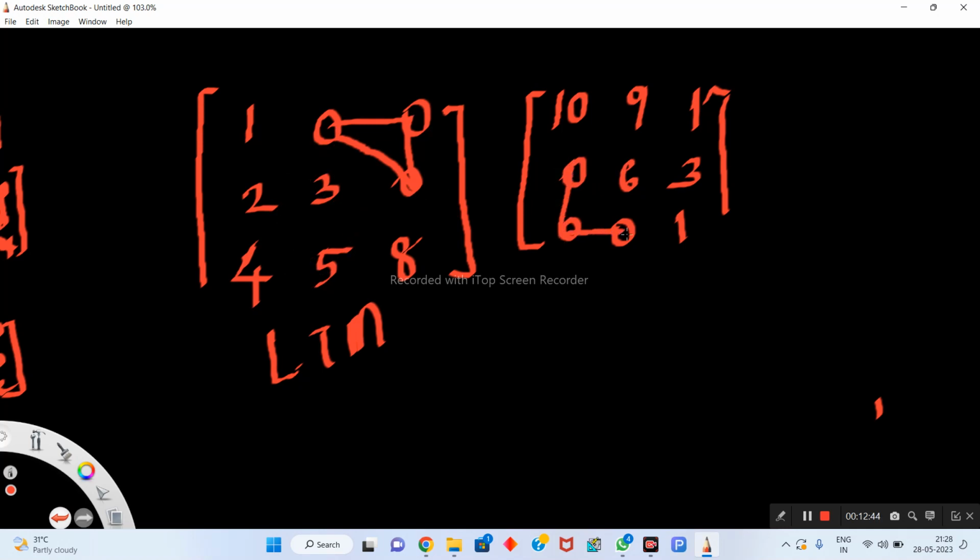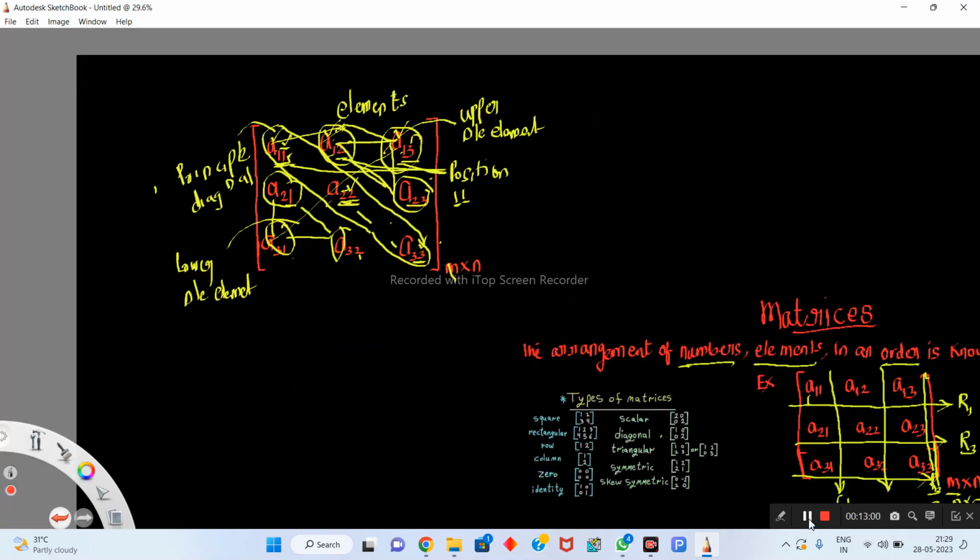If lower triangle elements are 0, this is known as upper triangular matrix, and rest all elements must have some values. This was lower triangular matrix and upper.